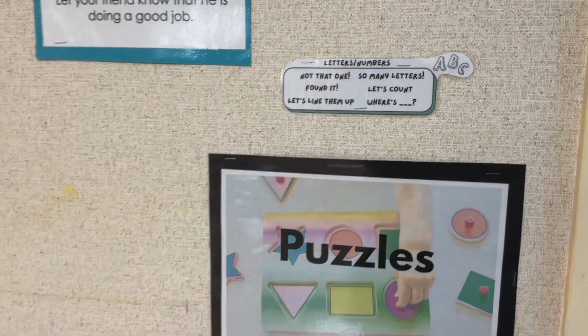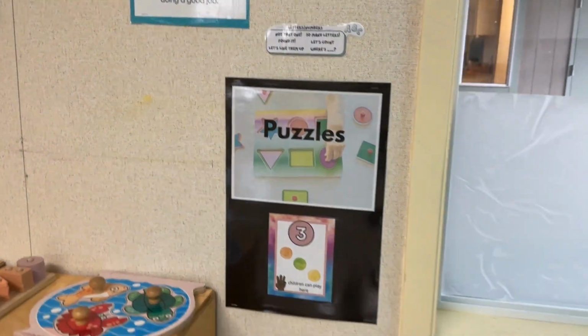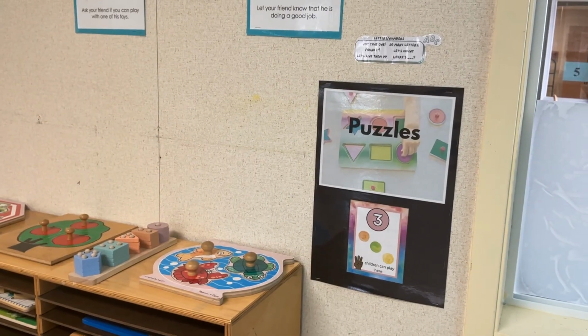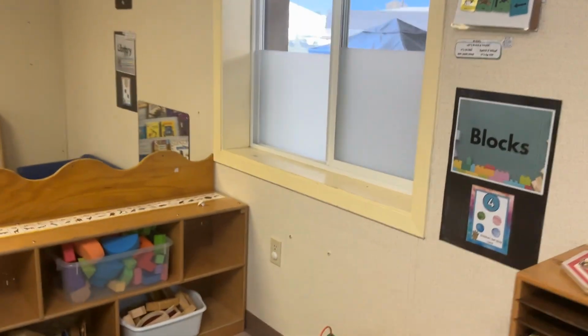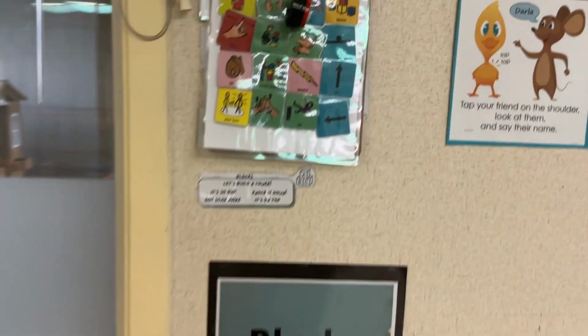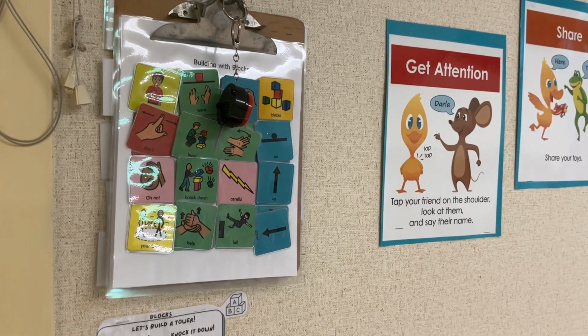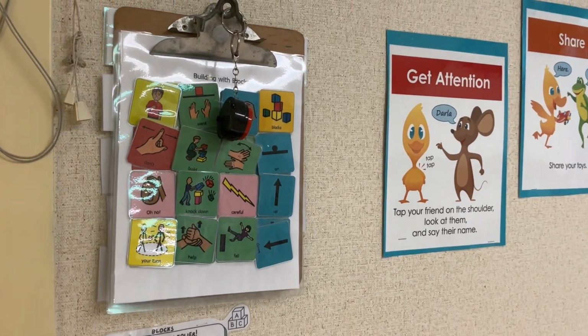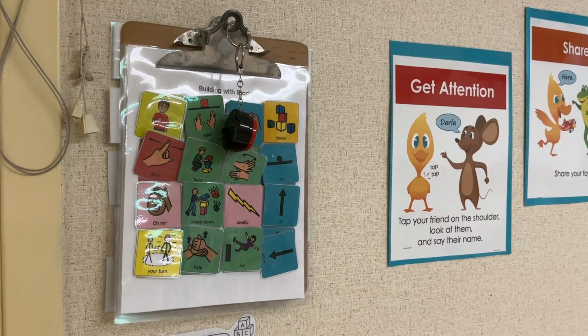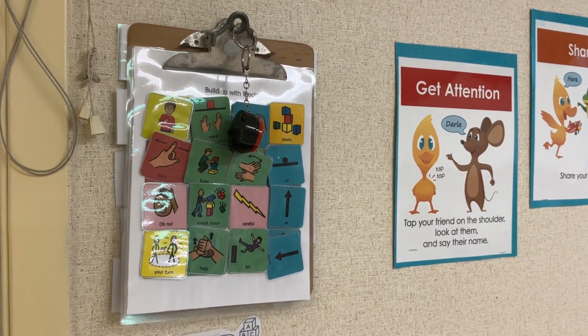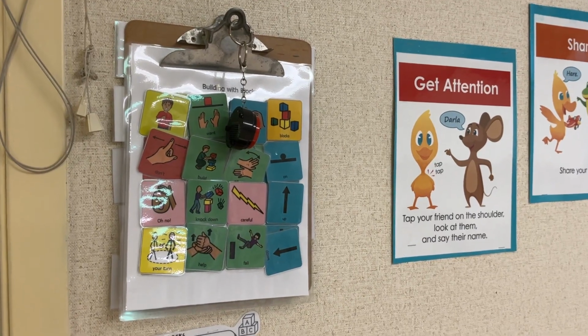These are students and humans who process language as chunks versus single words, so it helps our staff remember different phrases that we can use to help build that language in our classroom. We also have communication boards and buttons in many of our interest areas, to help talk through different things that students might want to do in those areas, or needs, wants, and preferences that they might need to communicate.